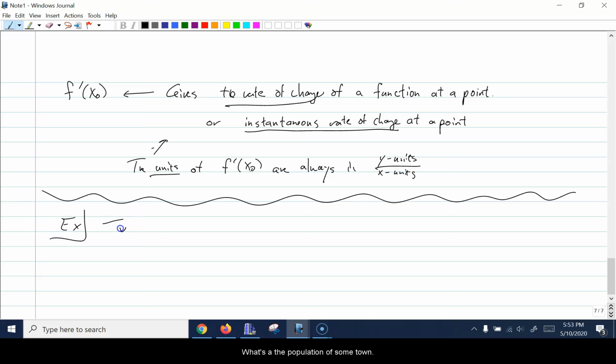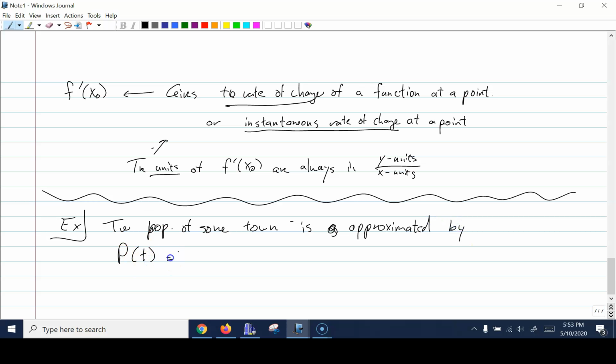Let's say the population of some town is modeled, or approximated, by P of t is 14,000 e to the 0.03 t, where t is in years since 2000.